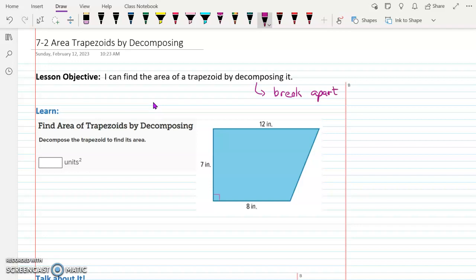So we're going to break it apart and then find the area of each part, and then we'll add the areas to get the total area.